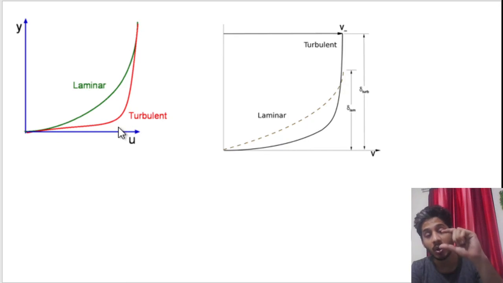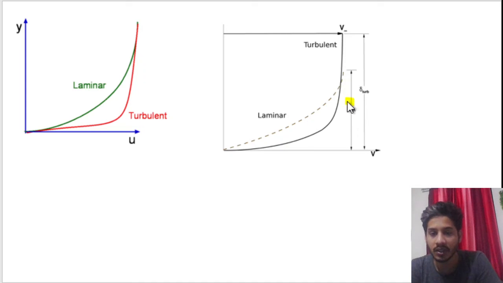Further, the boundary layer thickness of the turbulent boundary layer is more in comparison to the laminar. Why? Because as we proceed toward the trailing edge, more and more fluid enters into the boundary layer. So this is the reason the boundary layer thickness in the turbulent region is more.